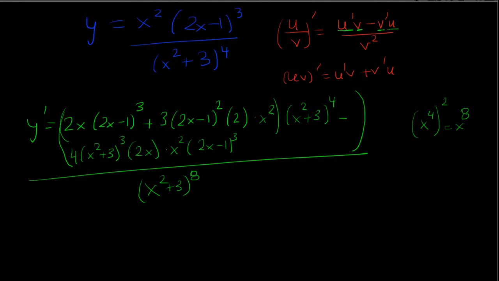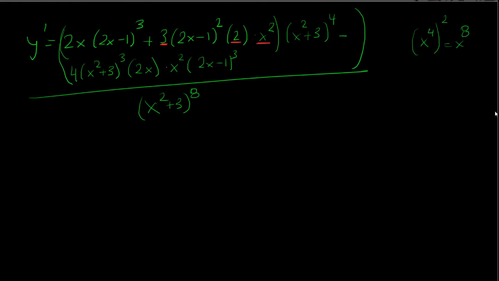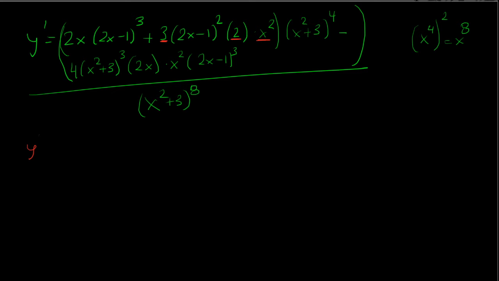And now we have to simplify this. Let's see. First, we'll focus here. So we have a 3, a 2, and an x squared. So we'll clean that up. That would just be 2x times 2x minus 1 cubed.